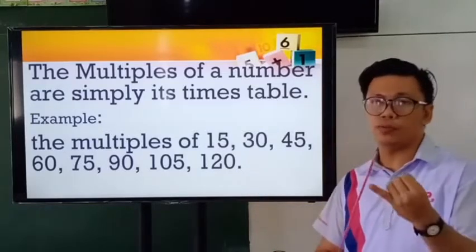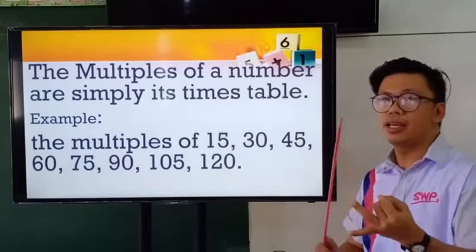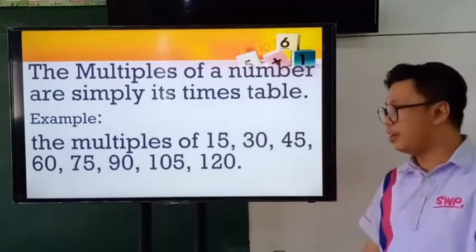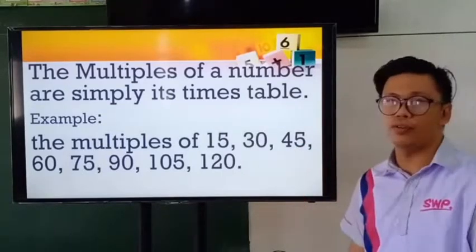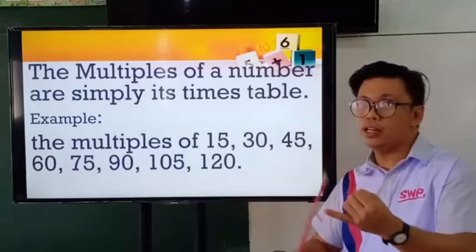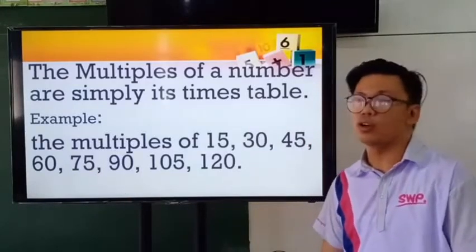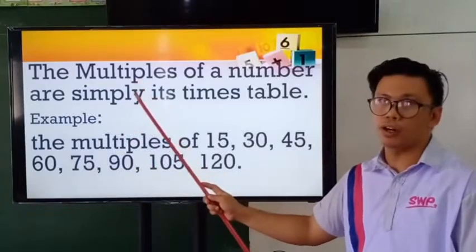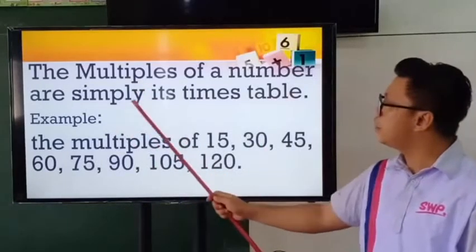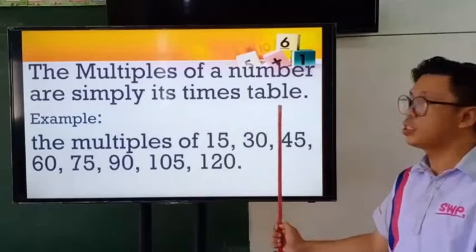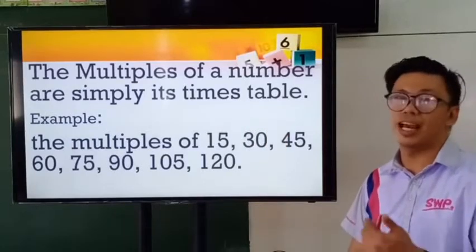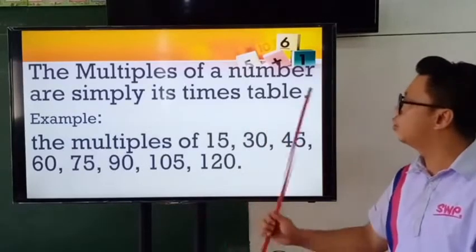How about 15 times 3? Very good. It is 45. How about 15 times 4? 60. So we call it multiple, because we simply use its times table. Did you get it? Okay, now let's go to the next.